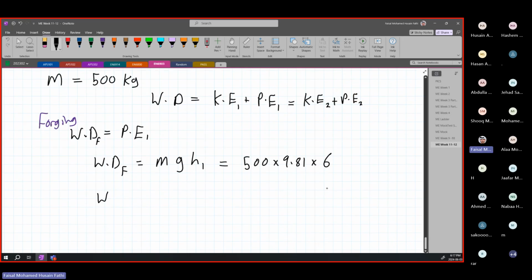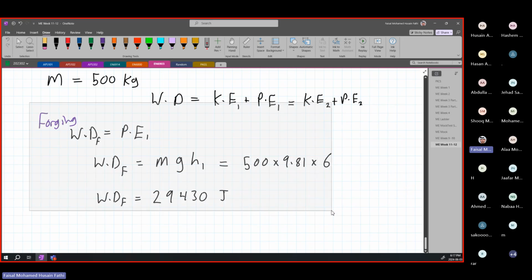And this is our first work done for the first phase. This isn't the total energy. This is just the energy for the forging, or the total work done for the forging part, which we get as 29430 joules.